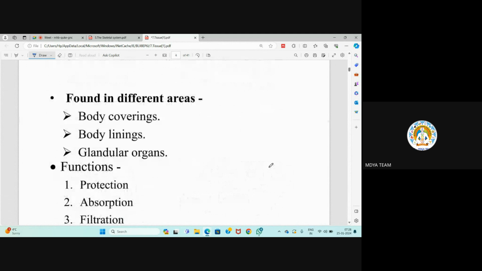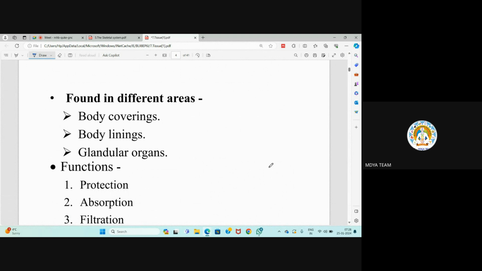Now, where can we find epithelial tissue in our body? In body coverings, body linings, and glandular organs. Body coverings means, anybody? Skin, ma'am. Yes, very good.